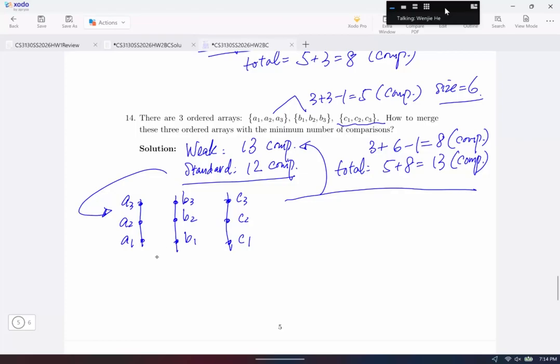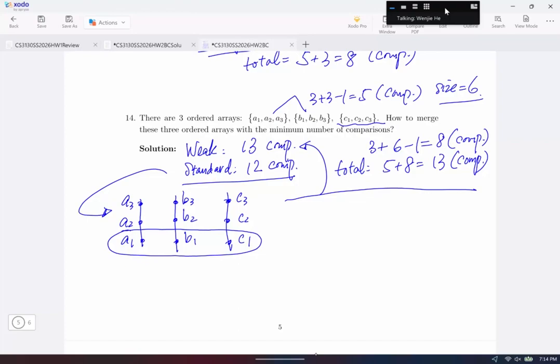Because if you want to put the first element in place, those students select the minimum from 3 ordered arrays. Then with 2 comparisons, you can find a minimum, right? 2 comparisons, then you put it.